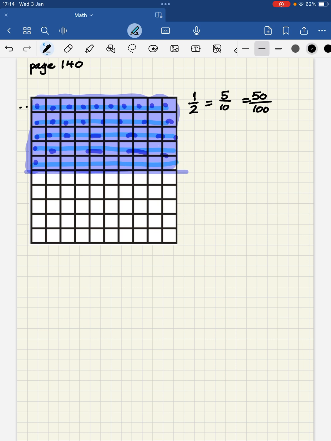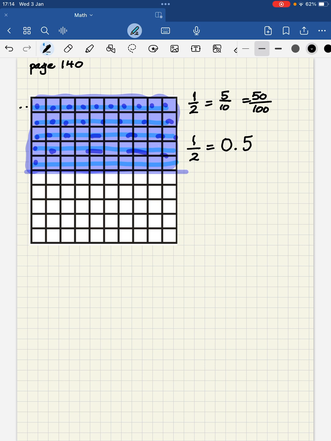Okay, so how would we write that as a decimal? Well, 5/10 in the tenths place would be 0 in our ones, and 5 would be in our tenths place.